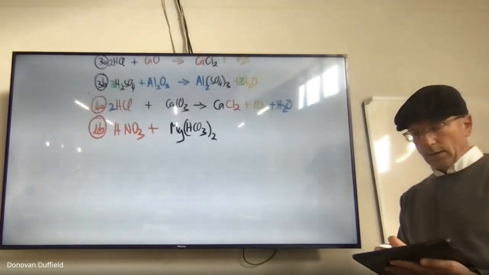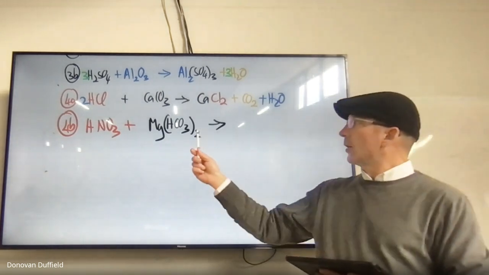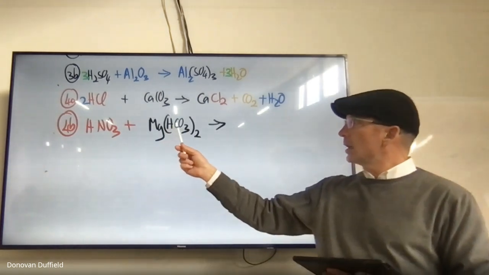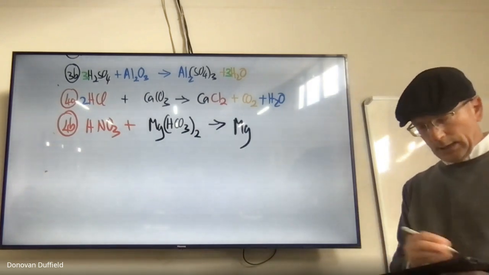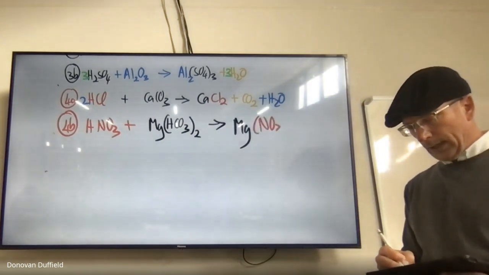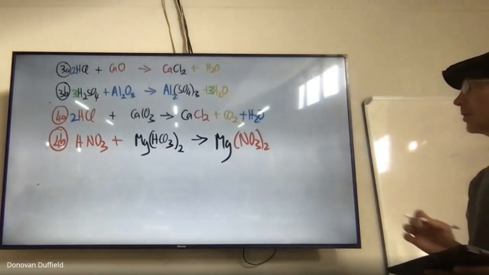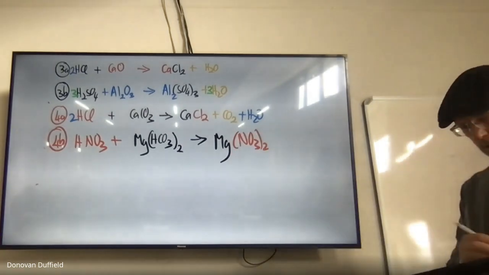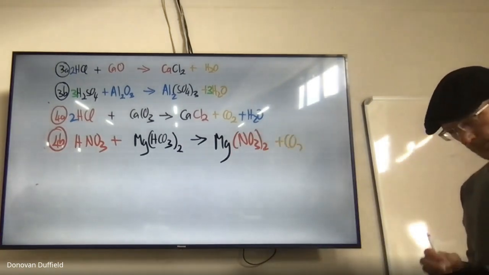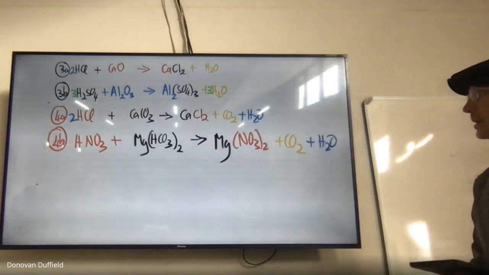Rightio. So now we're going to have the salt, Mg(NO3)2. Mg is plus 2, NO3 is minus 1, plus CO2 plus H2O. So let's see how this works out.